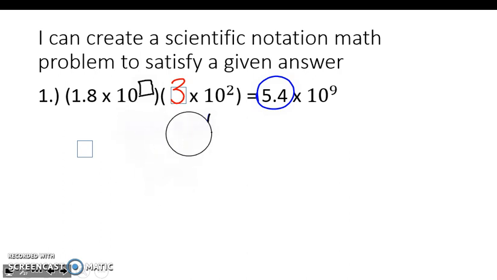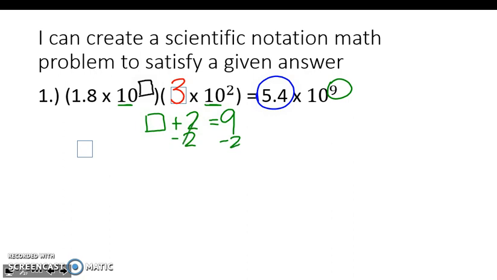So then we need to do it with the exponents. Well, when we have the same base and it's a multiplication problem, I'm going to take the two exponents and add them together. In this case, we know that when we add them together, we get the answer of 9. So what number plus 2 gets us to 9?